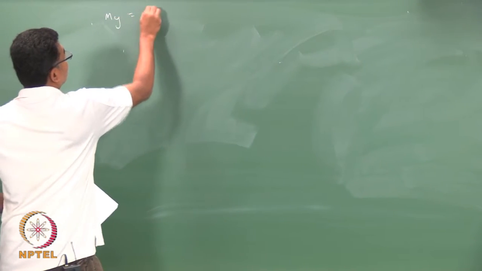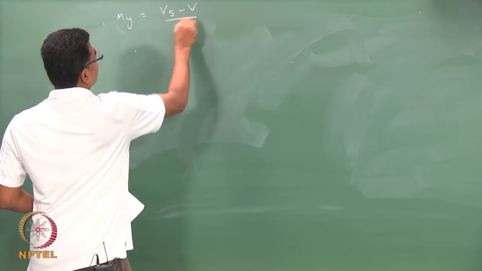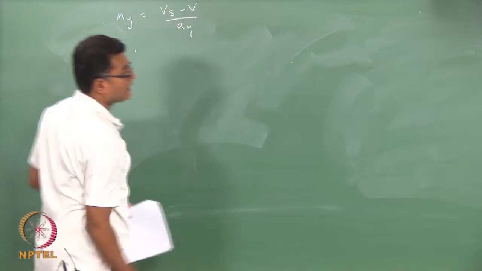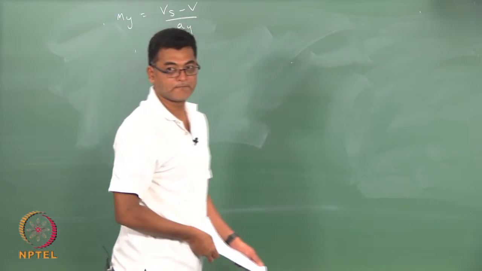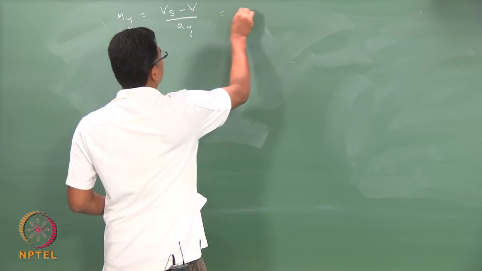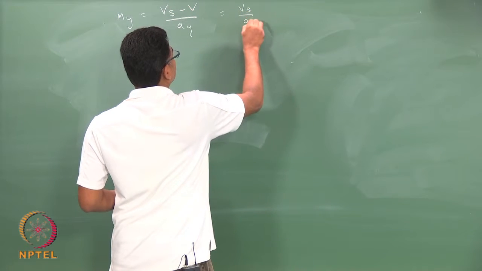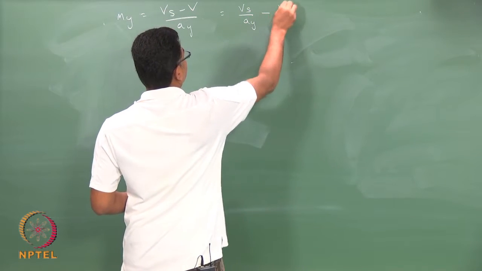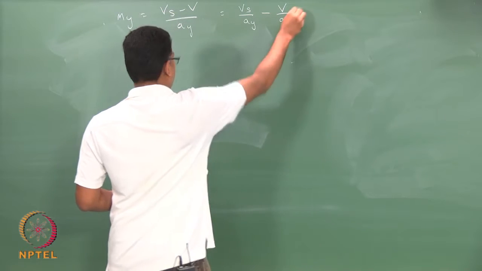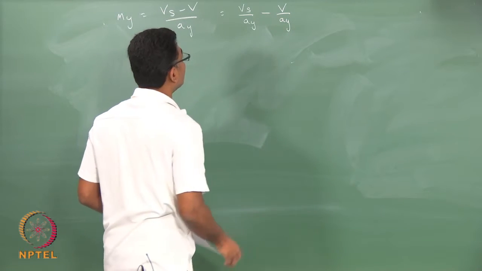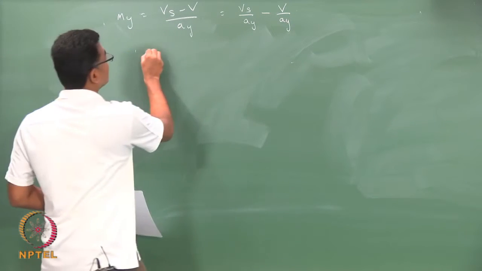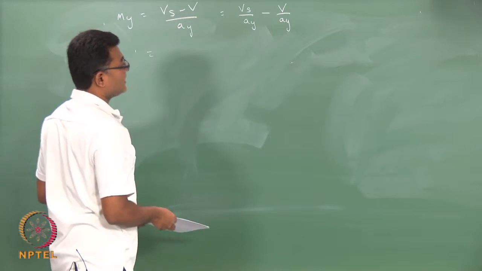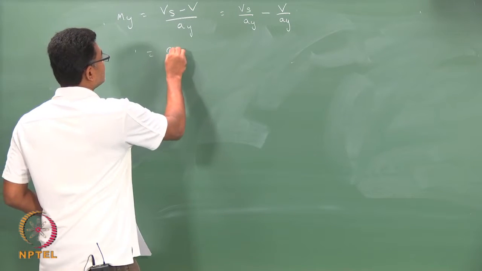So, my My is Vs minus V by Ay, which is Vs by Ay minus V by Ay, which I multiply by Ax.